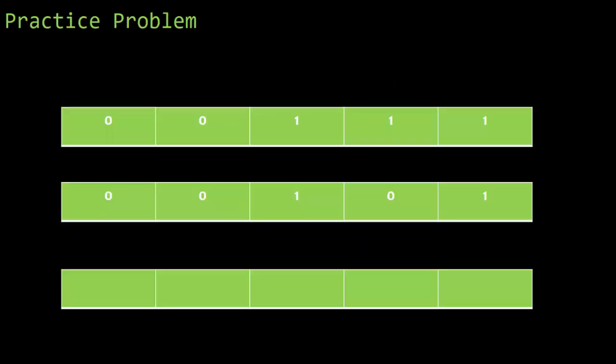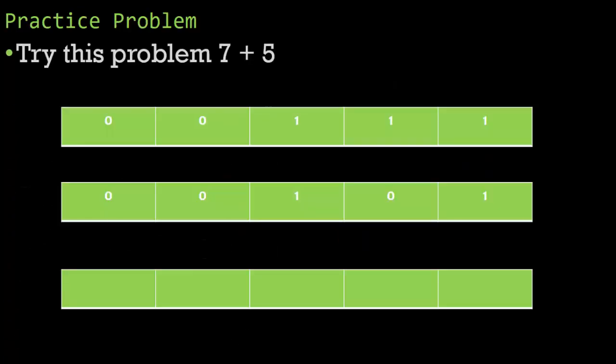All right, so let's jump into it. So we have this practice problem, 7 plus 5. It's already been written into binary for us. So we're going to run through these columns, and reference back to the rules. So I have 1 plus 1. That means we're going to have a 0, and I'm simply going to carry the 1. Then I have 1 plus 1 again, because the 0, we don't really need to count. There's nothing there.